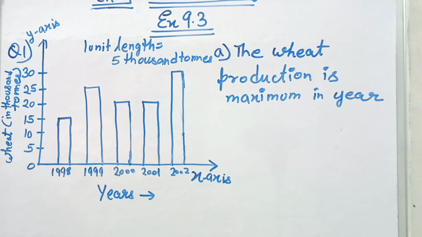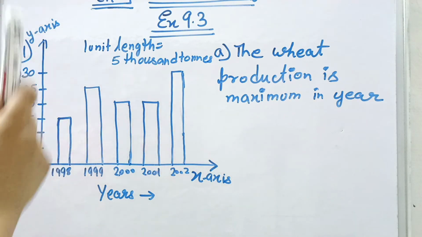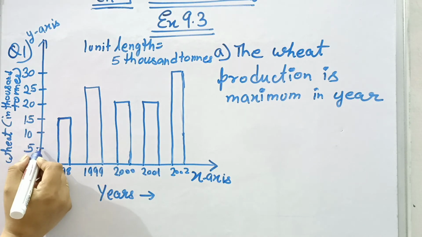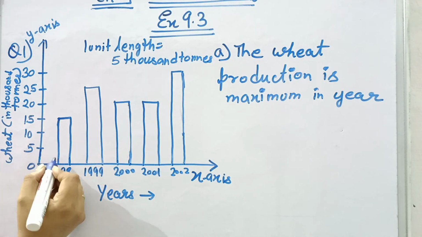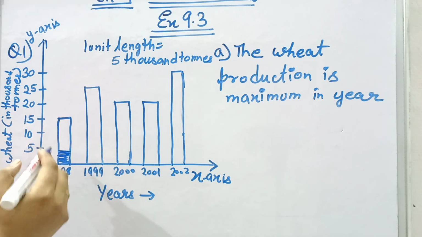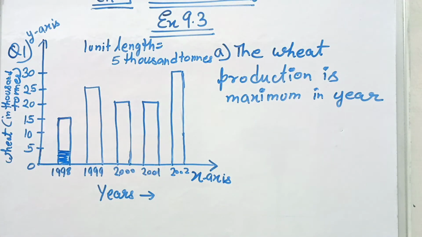Scale is important for plotting such a large number of data on our small graph paper. So it is 1 unit length equal to 5000 tons. That means the distance between 0 to 5, the 1 unit length of y-axis, 1 unit length of x-axis and 1 unit length of this bar, they all are equal to 5000 tons of wheat.